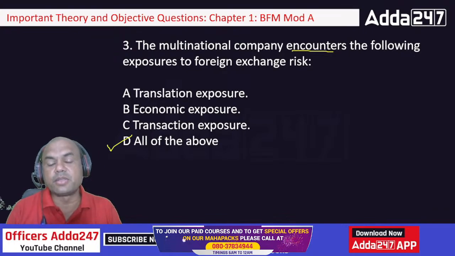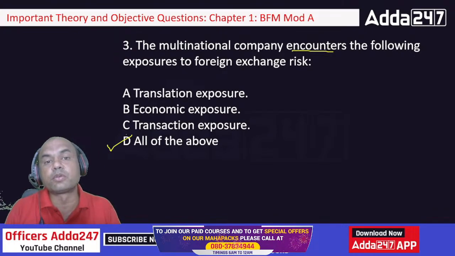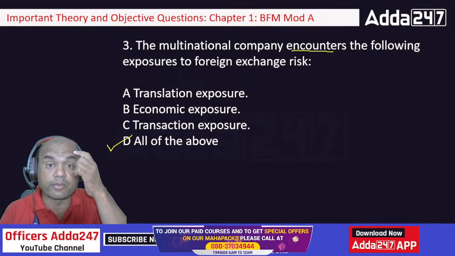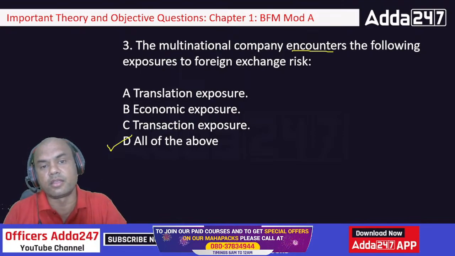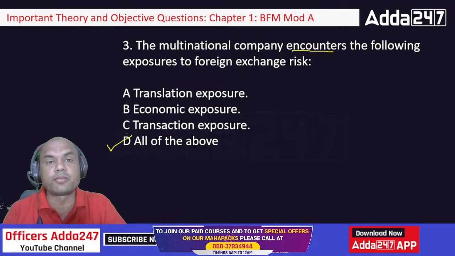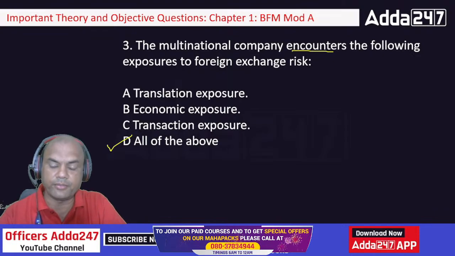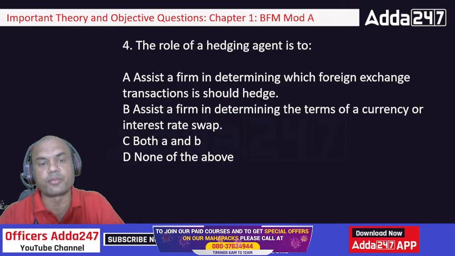Because translation means notional conversion of foreign currency to local currency. Economic exposure means the economic condition of that country. And transaction exposure means exposure related to a transaction, whether there is any mishap happening in that transaction. So the answer is all of the above.